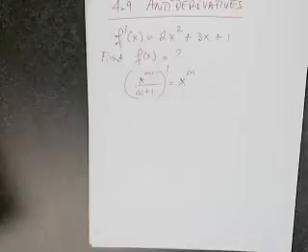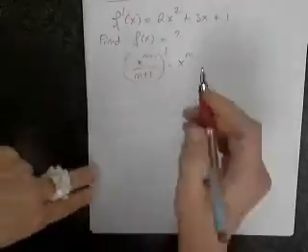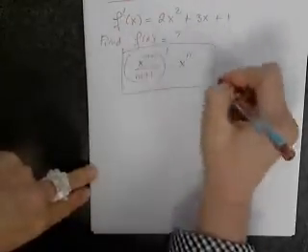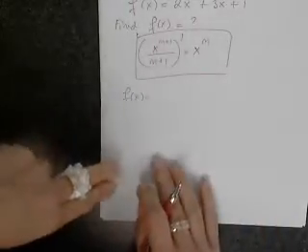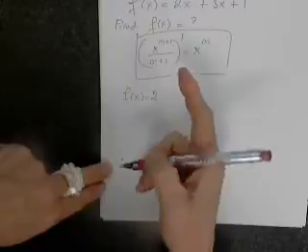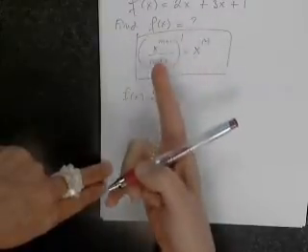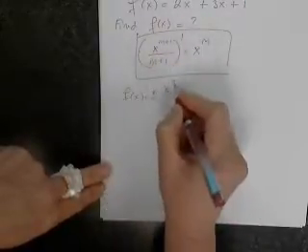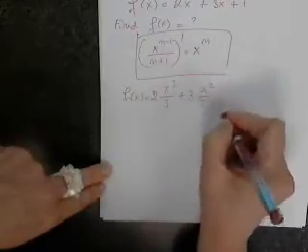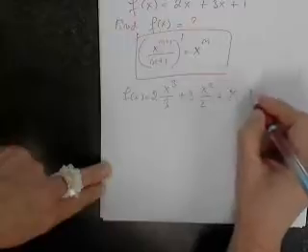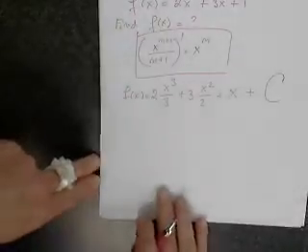Now, based on that, I would like to find the function whose derivative is this. Based on just this formula, f of x is 2... to get x squared, what should I do? x to the third over 3 plus 3x squared over 2 plus x plus a constant c.